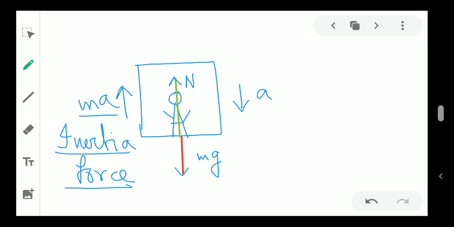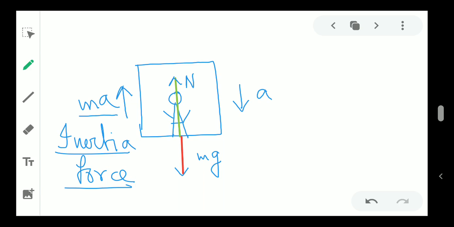Due to this inertial force, your body will be showing the laziness, and it will try to go in the upside direction.